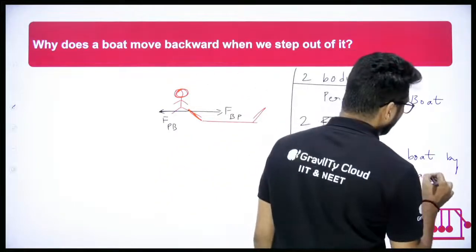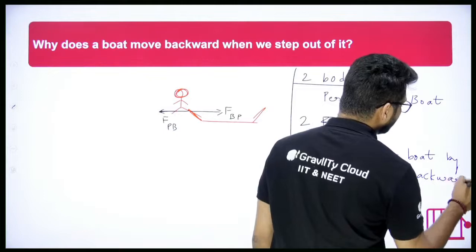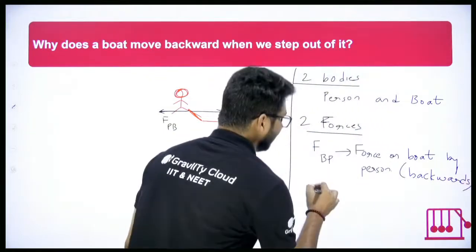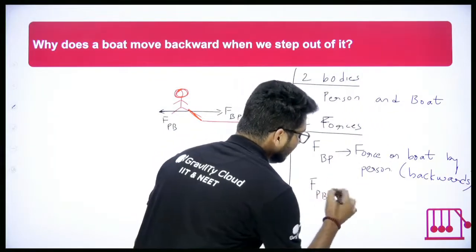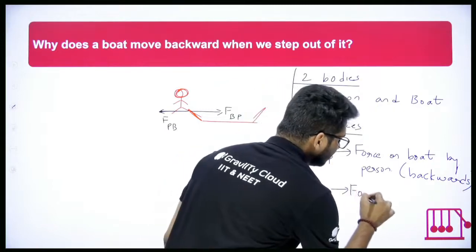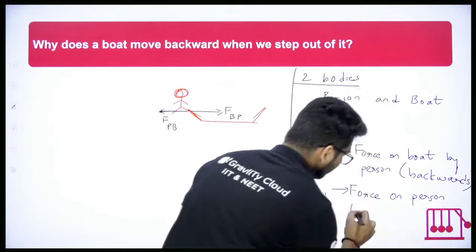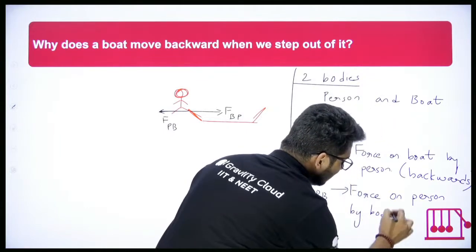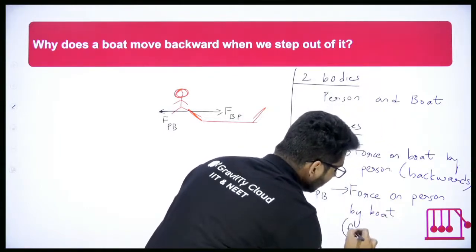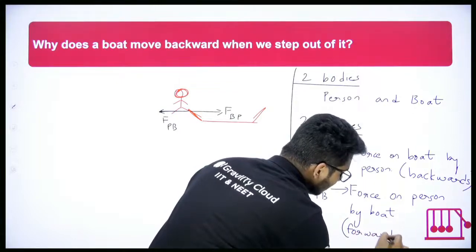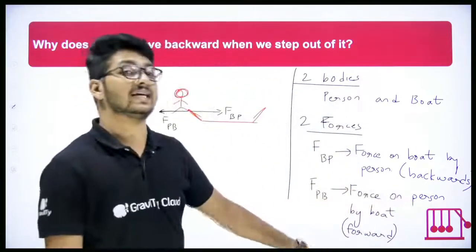Backwards. On the boat, the force is backwards. And the second force is FPB, which is force on person by boat. Now in which direction will this be? Opposite. So it will be forward. So on the person, the force acting is forward.